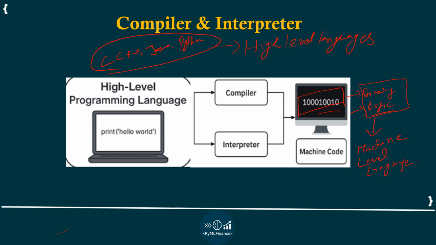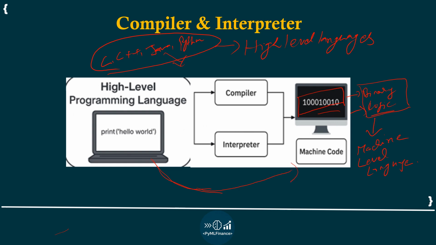Now the problem here is we don't understand binary language, or even if we understand, it is extremely difficult to write programs in it, and the computer cannot directly understand our language, that is the high level language. So we need someone who is able to translate this code into the binary logic.